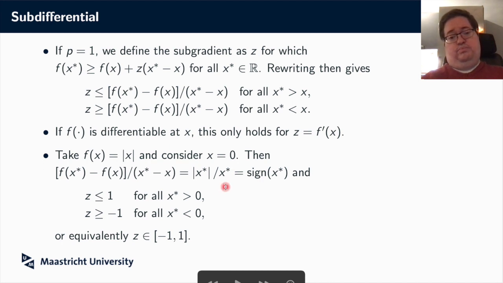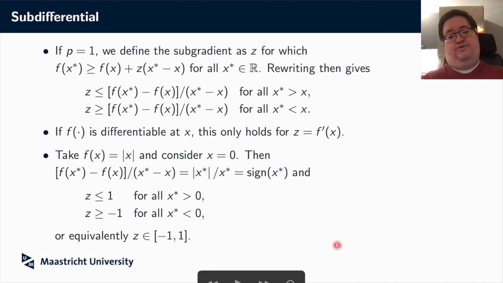So this just being 1 for positive x star and minus 1 for negative x star, it reduces to the collection of lines for z being smaller or equal than 1 for positive, z being larger or equal to minus 1 for negative. So if z is in between these things, it's satisfied. So the collection of all subgradients is the set from -1 to 1.